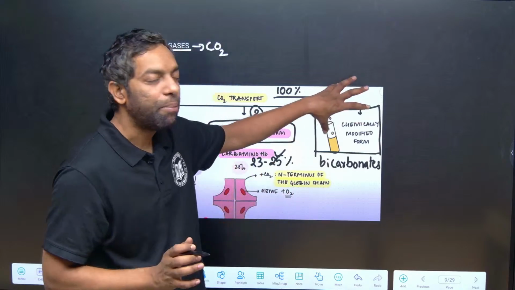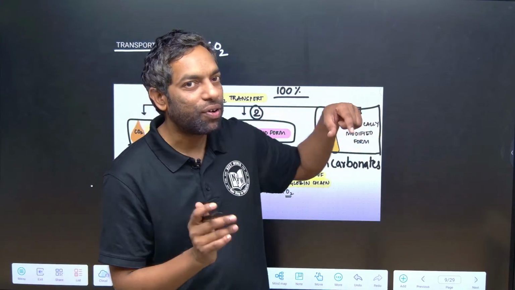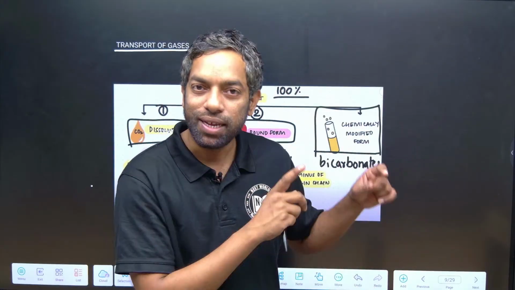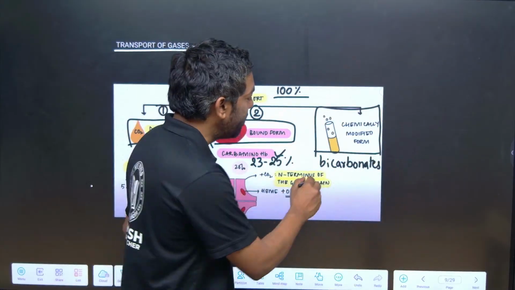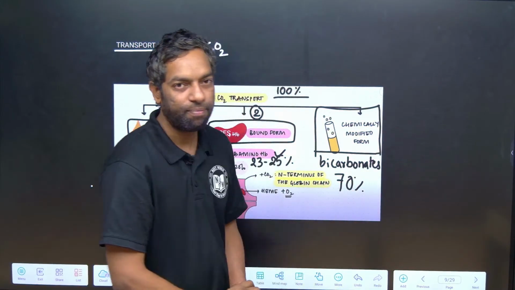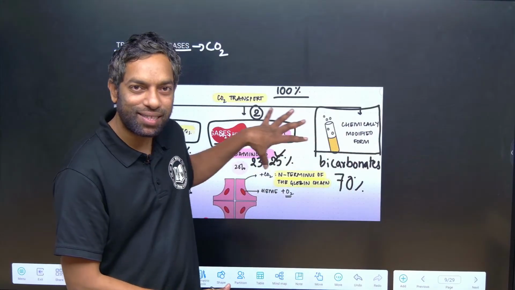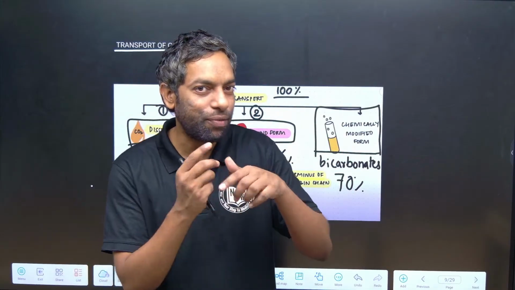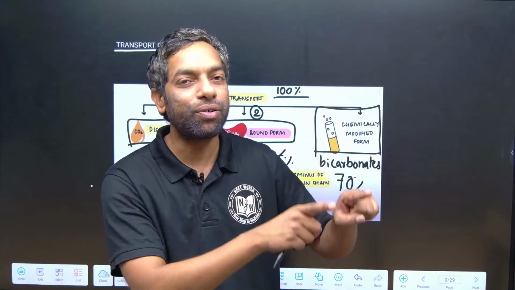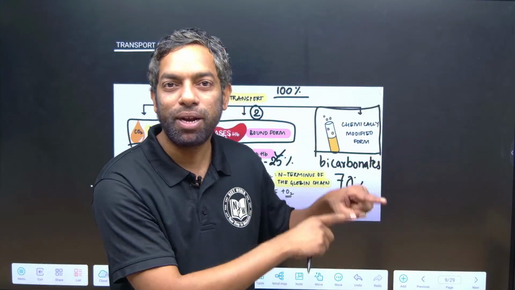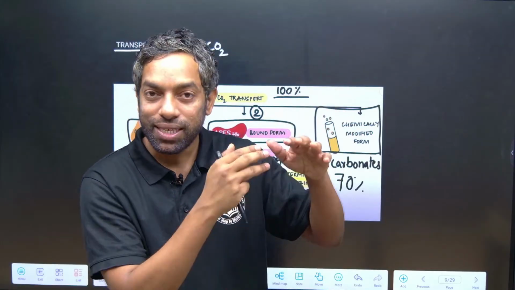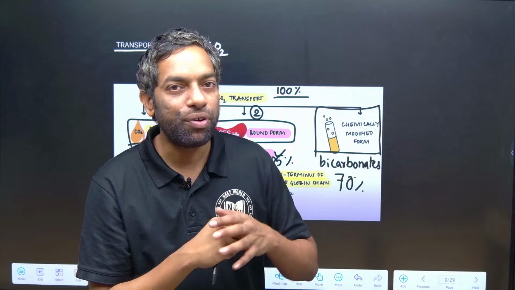The chemically modified form, where CO₂ is modified into another form and transported, is about 70%. So these are the three forms of CO₂ transport, from the tissue where it is produced into the blood, from the blood into the lungs, and from the lungs they exit out. This is the transportation of CO₂ in three forms.